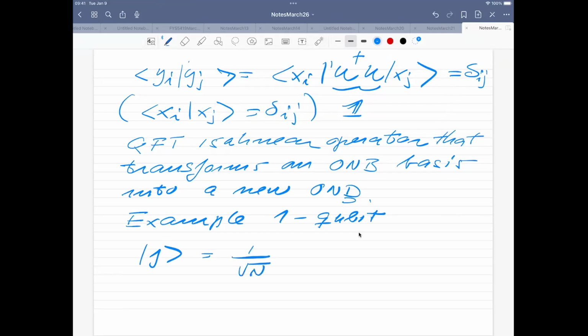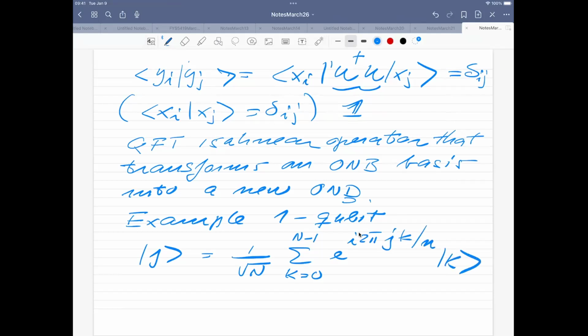So we have 1 over root N, the total number of states we have, of a sum k equals 0 up to N minus 1, and then I have e to the 2 pi i j multiplied with k divided by N. And then we have a state k here.